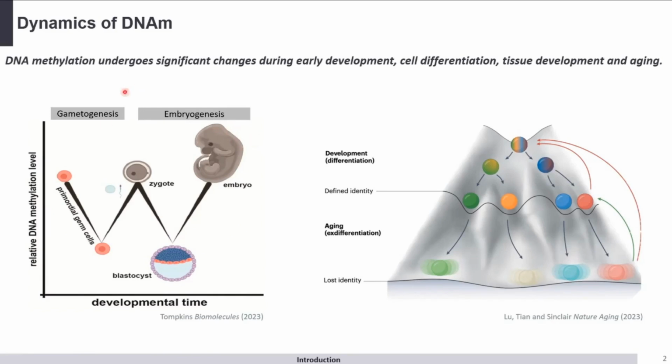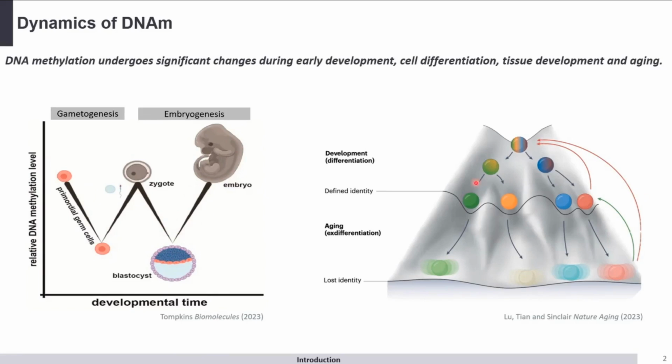As you can see here, DNA methylation undergoes significant alteration during development, starting from the germline and early embryo stages, where extensive demethylation occurs to reset the epigenetic state, followed by the establishment of methylation.